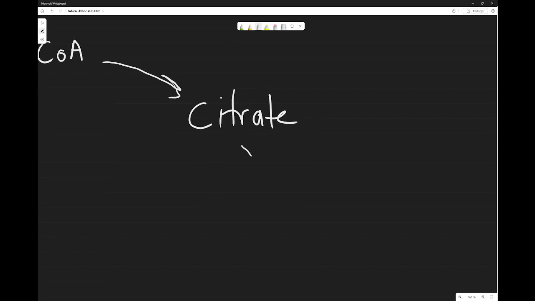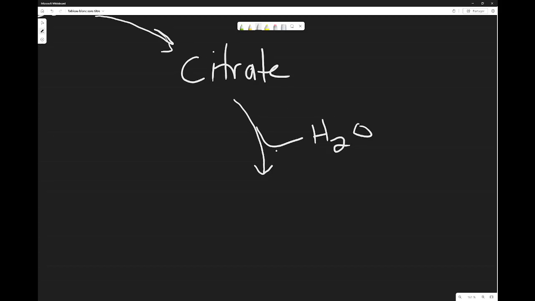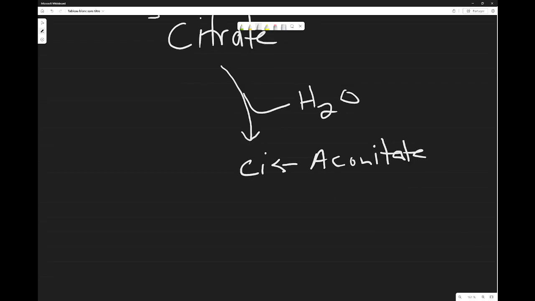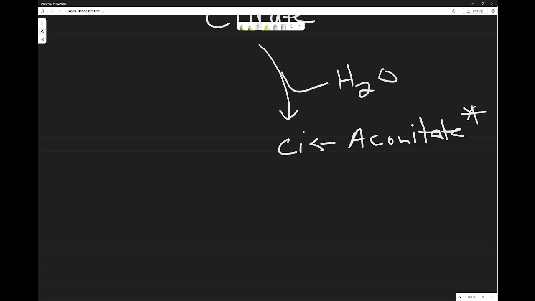All right, from citrate, we're gonna have a water molecule being lost, and this produces cis, so it's an isomer, aconitate. Now I'm adding this, but technically for CAPE Biology Unit 2, we don't necessarily use cis-aconitate, right?